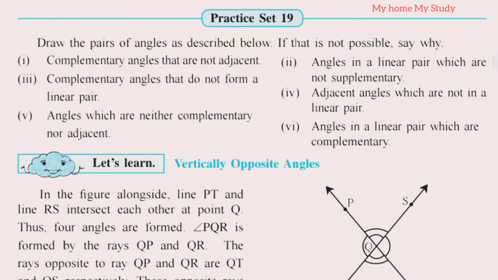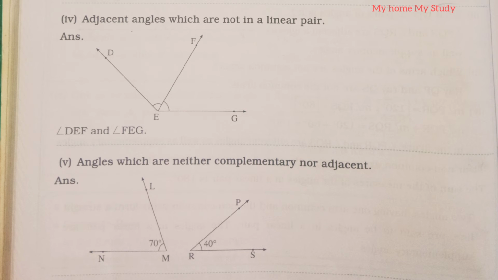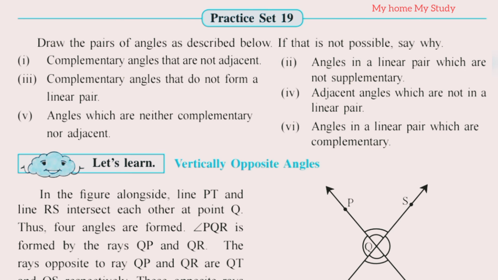Fifth, angles which are neither complementary nor adjacent. Sixth one, angles in a linear pair which are complementary.